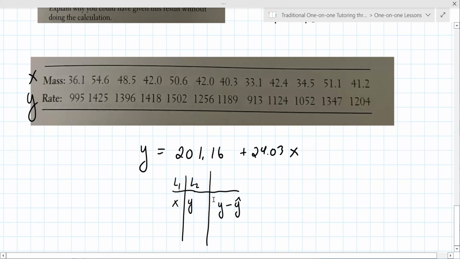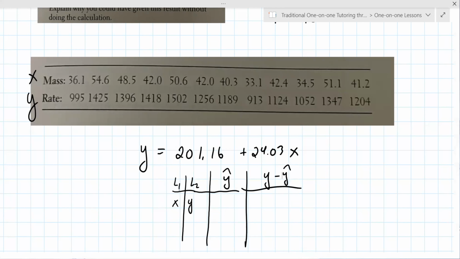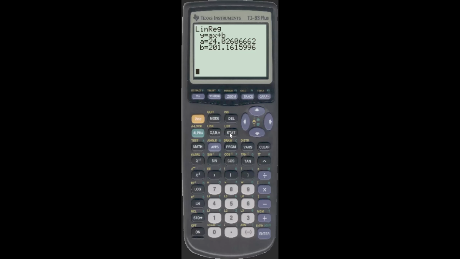We'll actually do this in a couple of steps. We're going to first calculate the estimate, and then we'll calculate Y minus Y hat in the fourth column. So go back to STAT, EDIT, and then go over to L3.